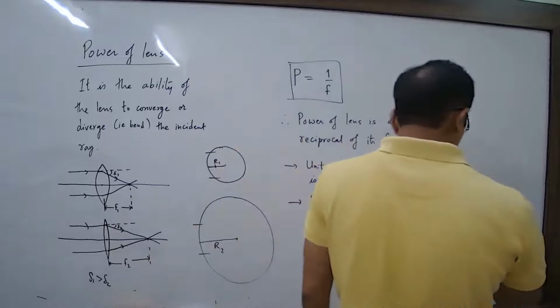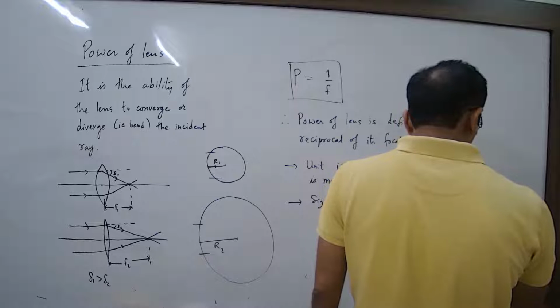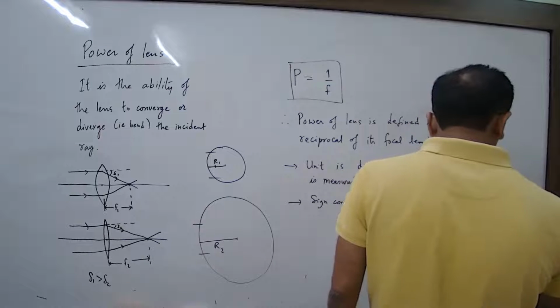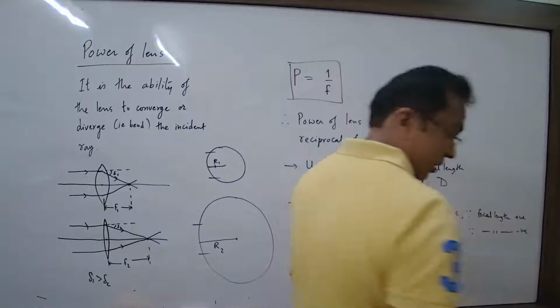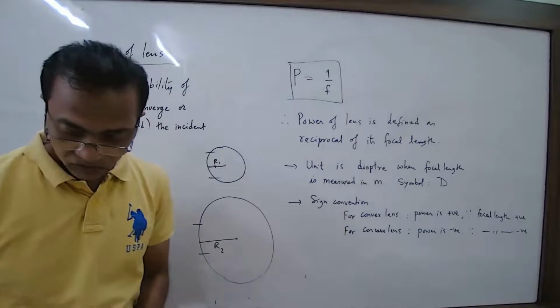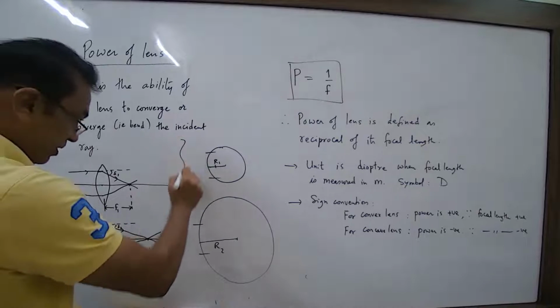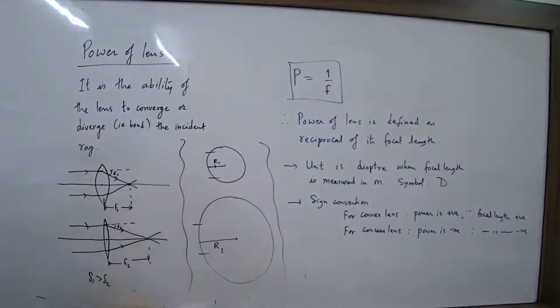Let me write: since focal length is positive, hence power is positive. So the sign of power is derived from its focus. Is that clear? So this is like a concept diagram. You may skip it if you have understood. Or if you want, you can draw it in the margins.